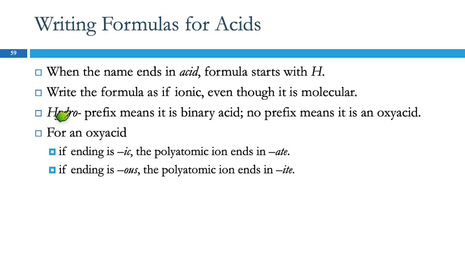If we see that hydro prefix, then it's just hydrogen and another element. If we don't have the hydro prefix, then it's an oxyacid, and its name is based on the oxyanion that's present, or its formula. So -ic and -ate go together, -ous and -ite go together. We're just going in the opposite direction.